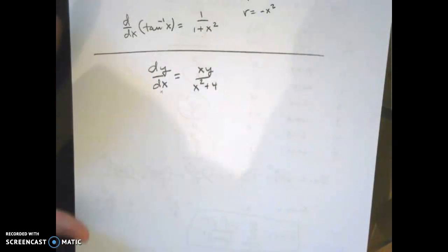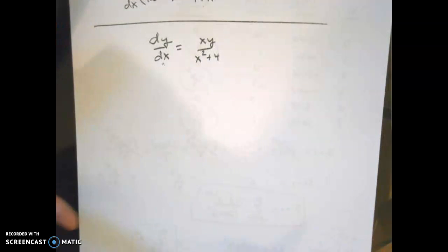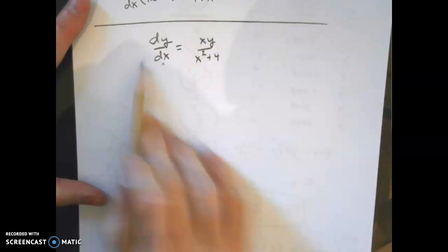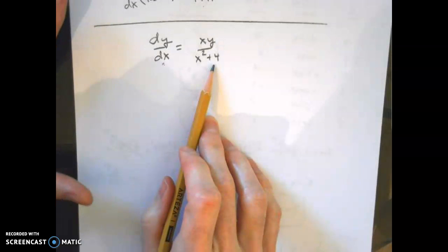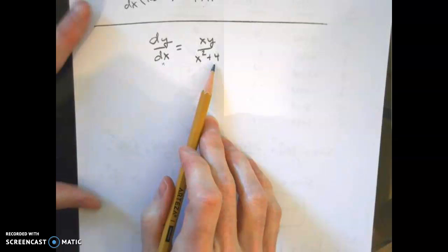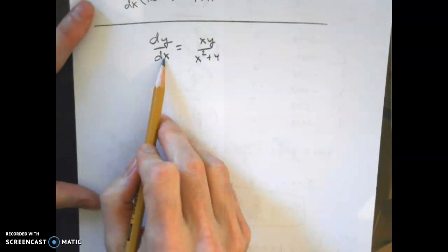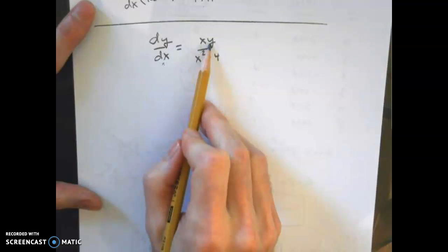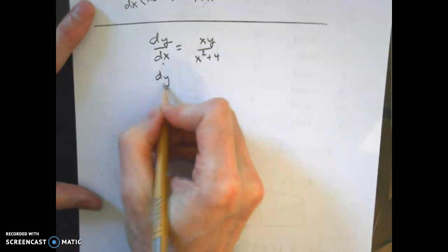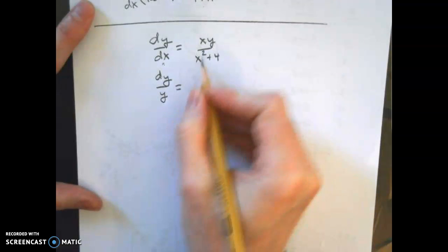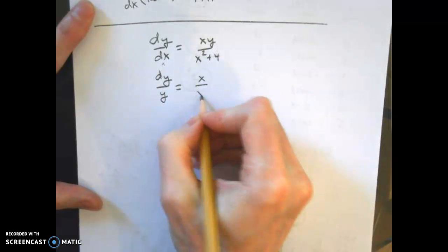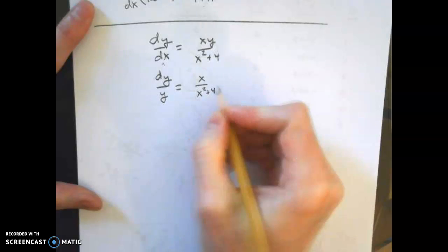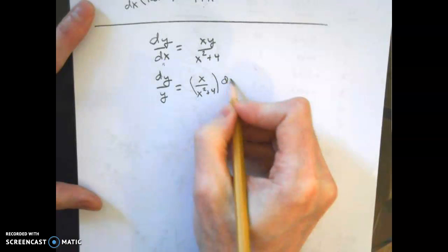The reason I'm reviewing this one is that you might just remember how to do this, and if you do, you can skip this. But when you have a differential equation, if you're able to separate the variables, you want to separate the variables, and then you integrate both sides. So we'll get the dx over here and move the y over here. So we're going to have dy over y equals, and then on the right side, x over x squared plus 4 dx.